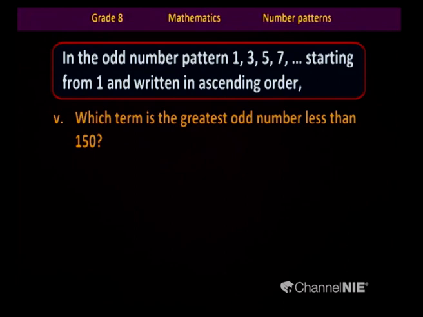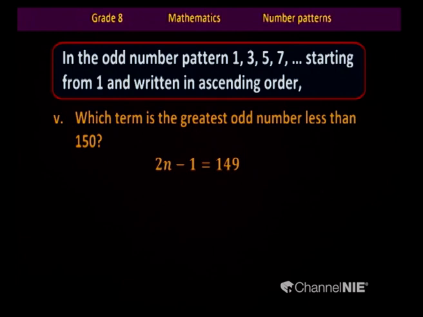We all know that 150 is an even number. 1 less than that should be the greatest odd number less than 150. Therefore, 1 less than that means 149. Right.